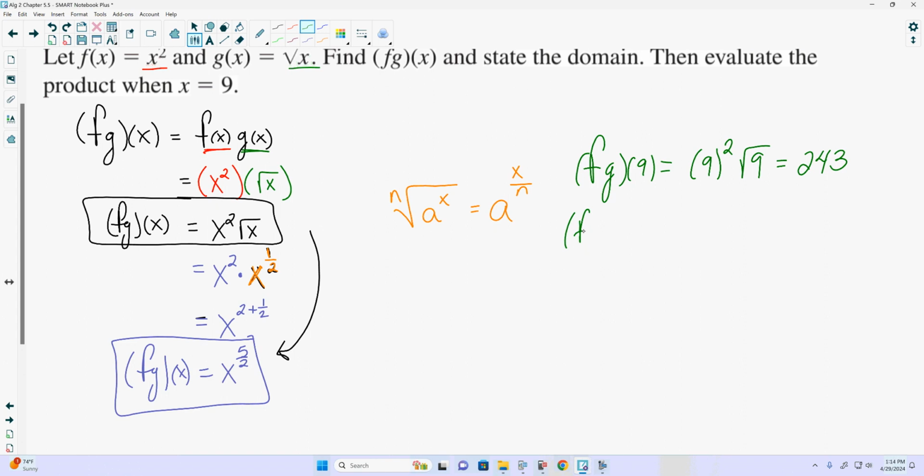Now we also said that this is the same as x to the 5/2. So if these two are equivalent, x squared times square root of x and x to the 5/2, then 9 to the 5/2 should give us what? 243, because if they're the same, they should have the same value, yes?